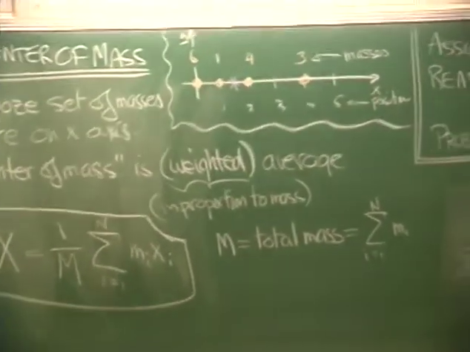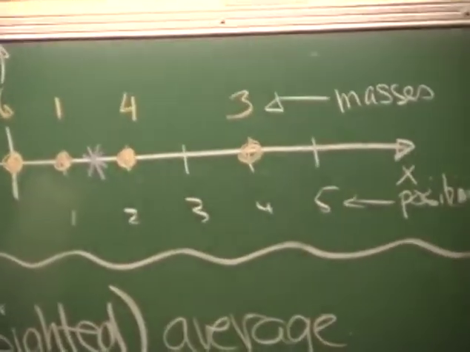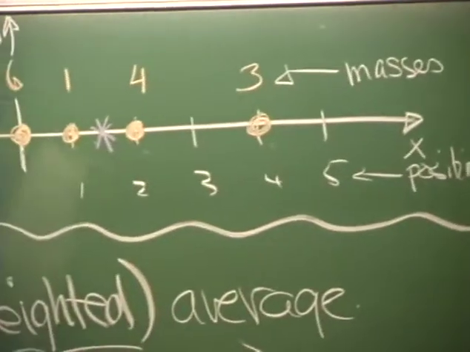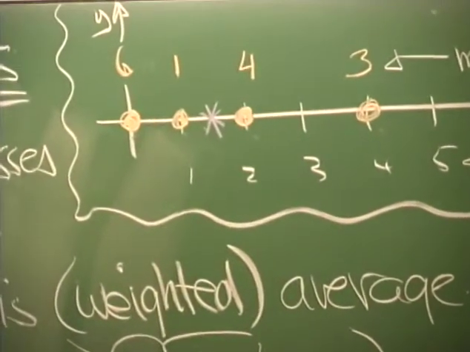1 and 3 alone, what's the total mass in that case? 1, right? 1 and 3. 1. You mean 4. Oh, you mean masses 1 and 3. Just the sum of the masses of those.